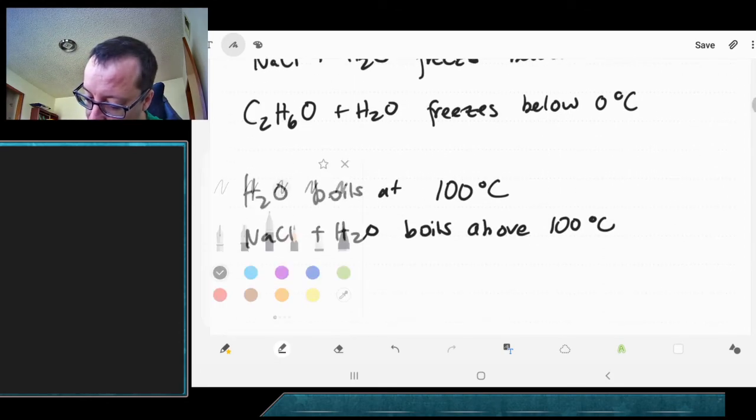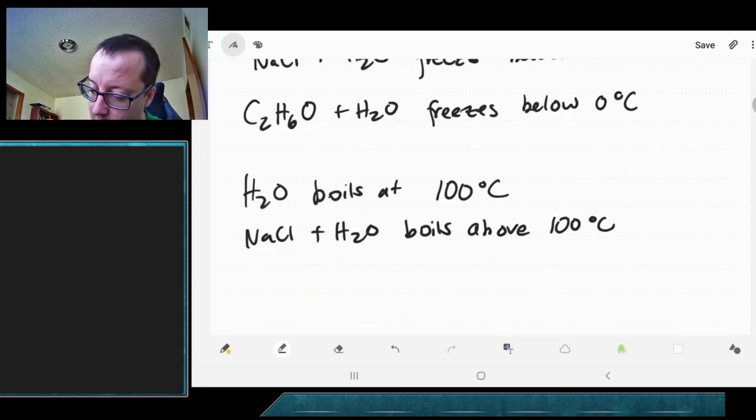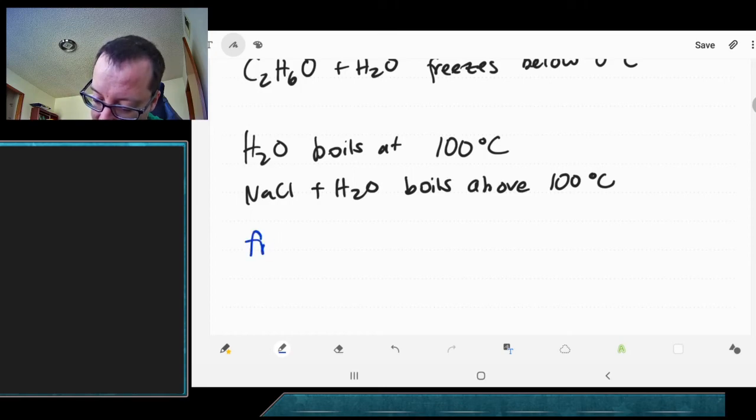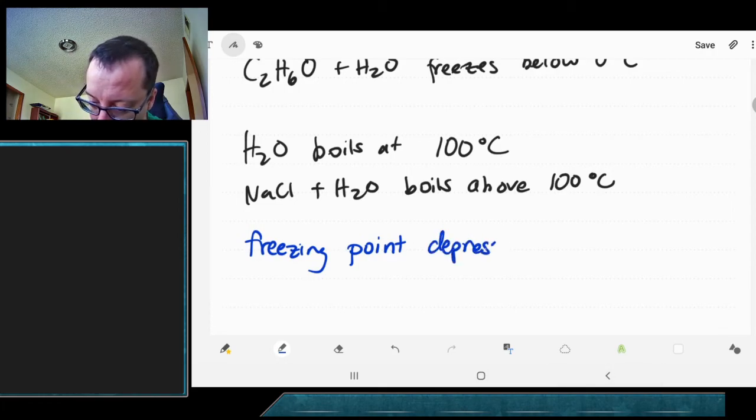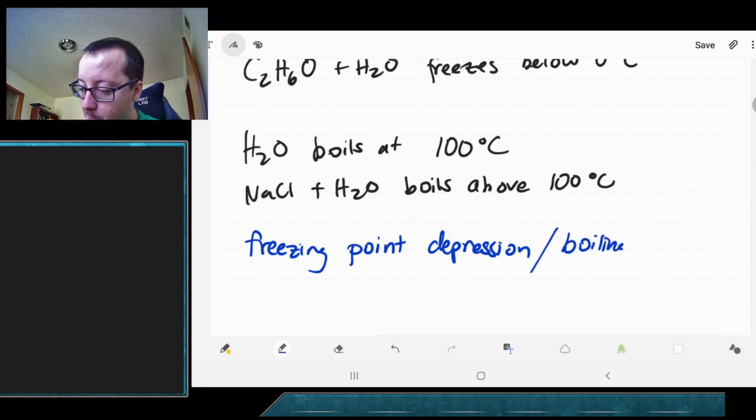So we call these freezing point depression, goes down, and boiling point elevation.